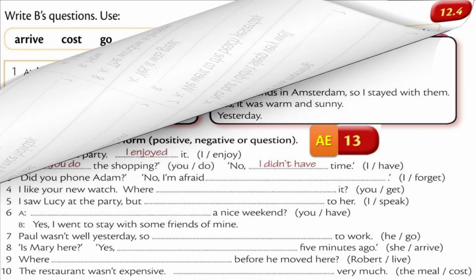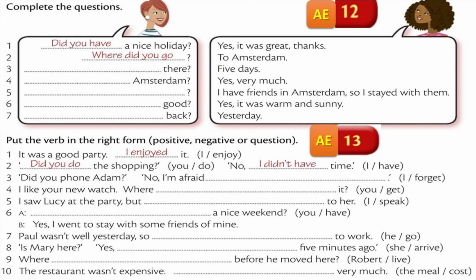Now, additional exercise number 12. Complete the questions. Number 1. Did you have a nice holiday? Yes, it was great. Thanks. Number 2. Where did you go? To Amsterdam. Number 3. How long did you stay there? 5 days. Number 4.